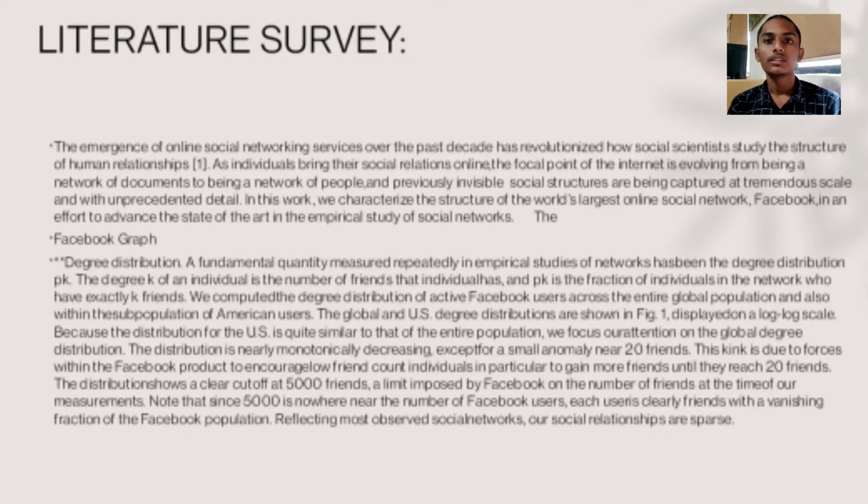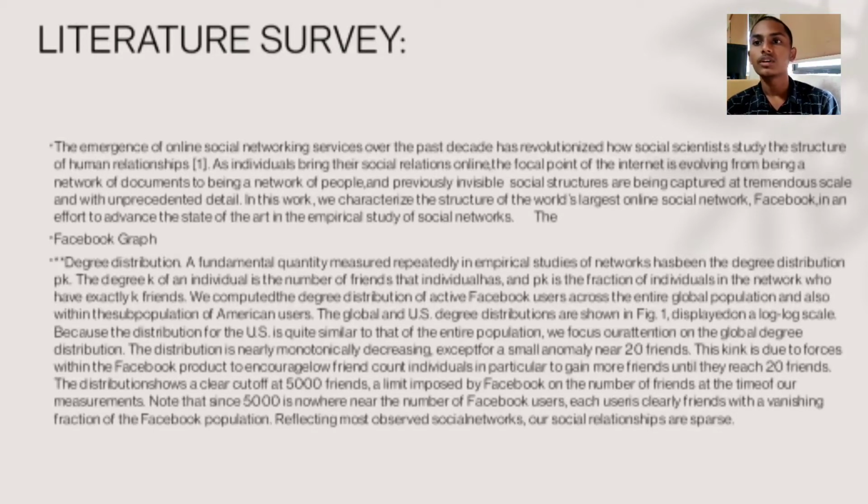This is due to a focus within the Facebook product to encourage individuals to gain more friends until they reach 20 friends. The distribution shows a clear cutoff at 5,000 friends, a limit imposed by Facebook on the number of friends at the time of our measurements.